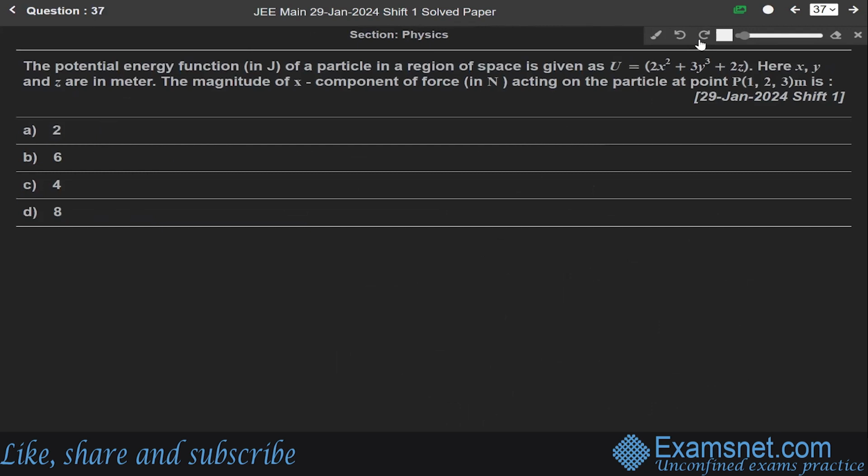Now next question, question number 37. This question says that the potential energy function in joule of a particle in region of space is given by U is equal to 2x square plus 3y cube plus 2z. Here x, y and z are in meter. The magnitude of x component of the force in Newton acting on the particle at point 1, 2, 3 meter is, we have to find.